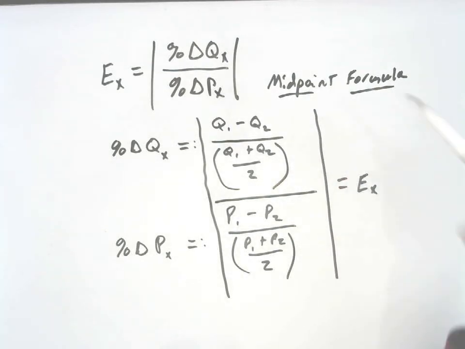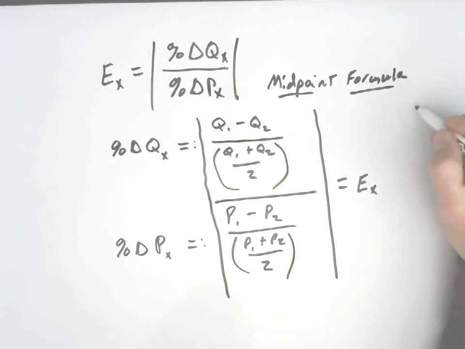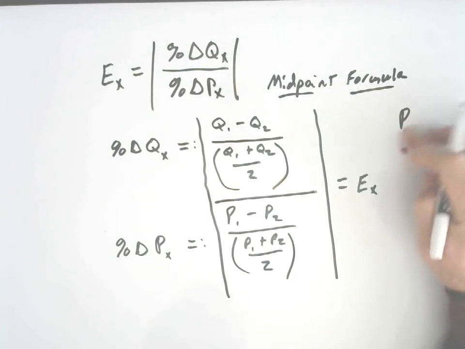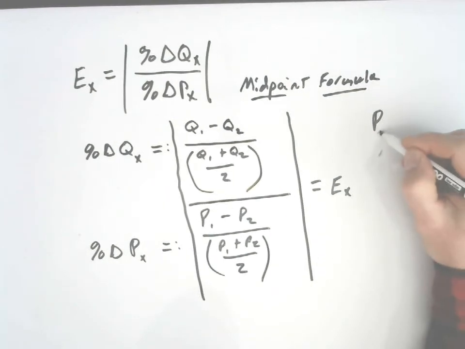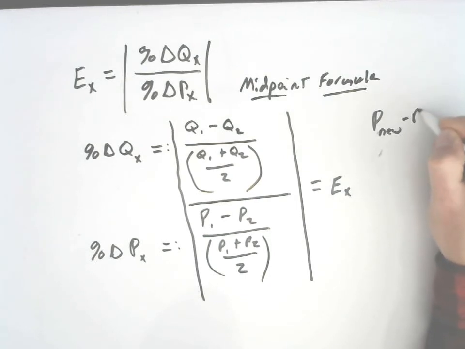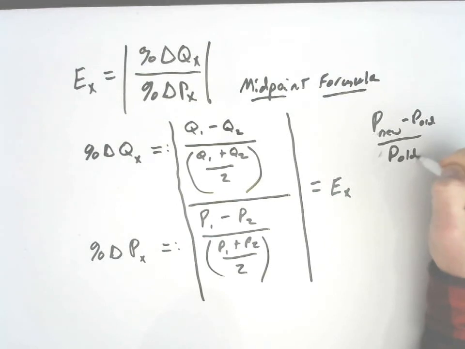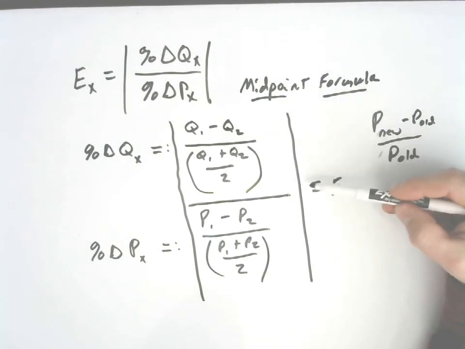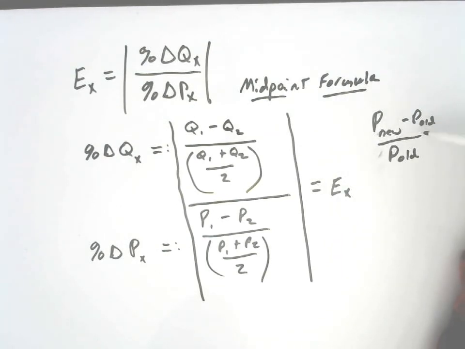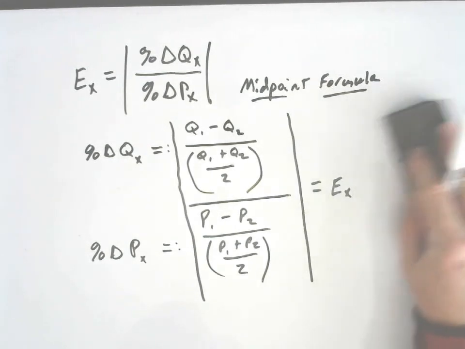Because I'm taking the absolute value of it all. Unlike a standard percentage change calculation, where you would take P new minus P old divided by P old, in this case, because we take the absolute value, we just don't care what new and old is. So keep that in mind as we move forward.